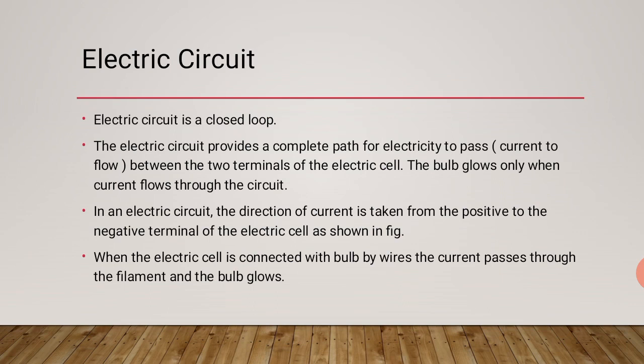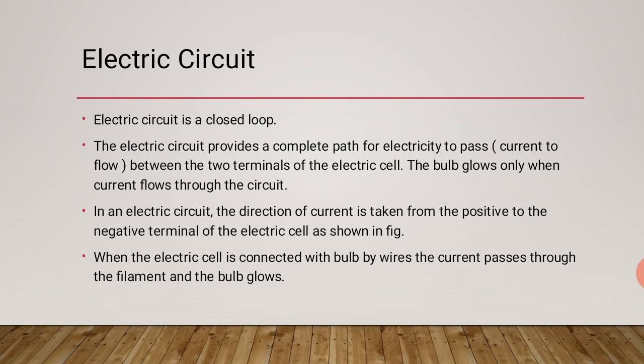You will study this more in the higher classes. Remember, closed circuits are closed loops. When the electric circuit is complete, the current flows in the circuit and the bulb glows.